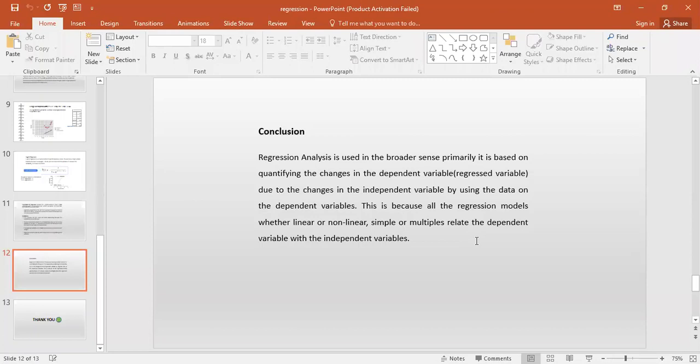When we apply multiple models, we get to know the accuracy. And the main thing is we need to get the best fit line, and we apply all these models to predict or forecast the results and draw the conclusion.